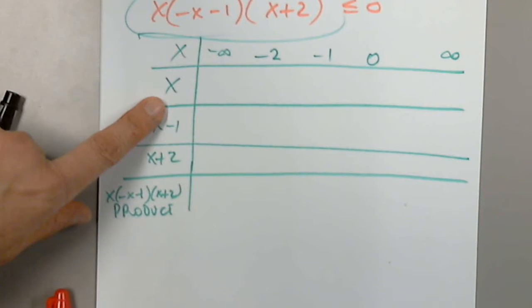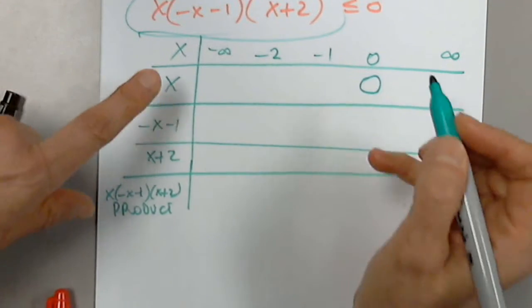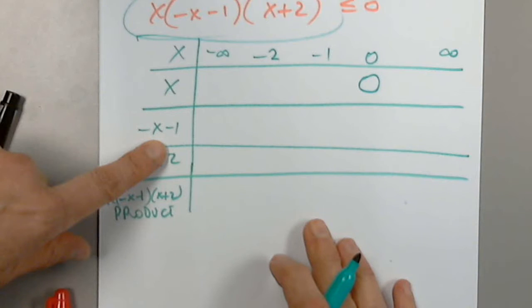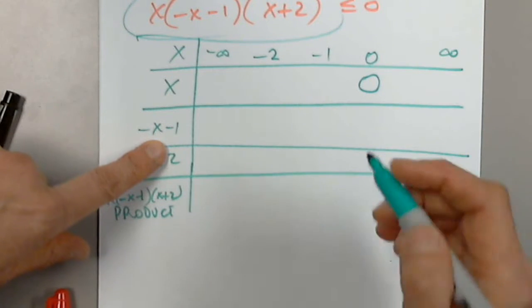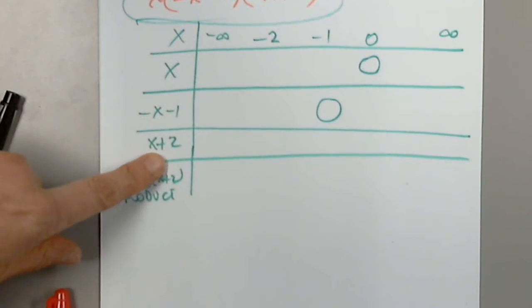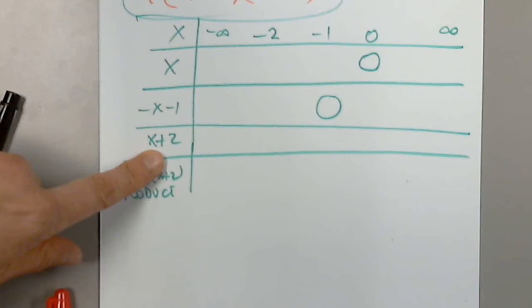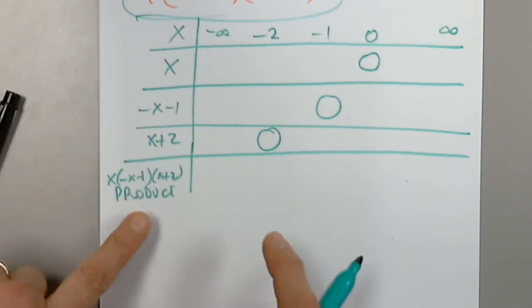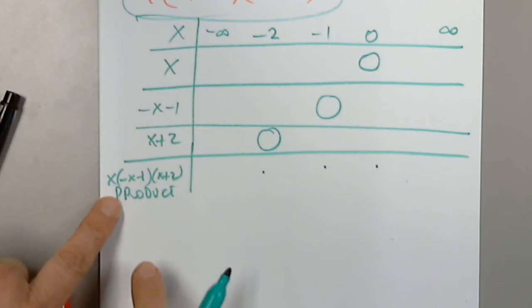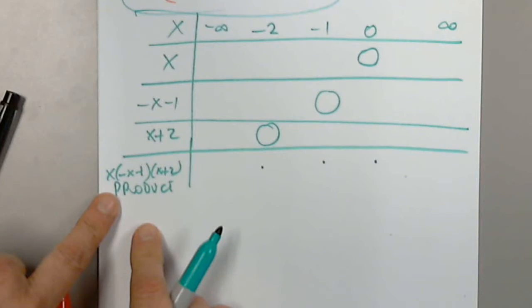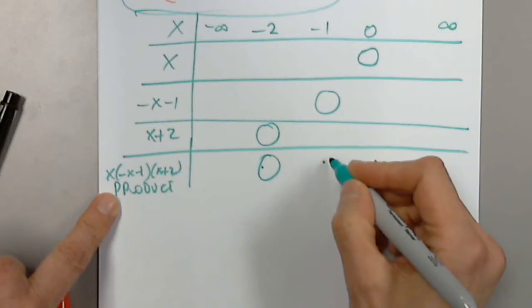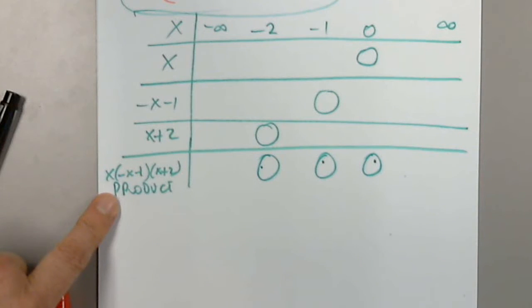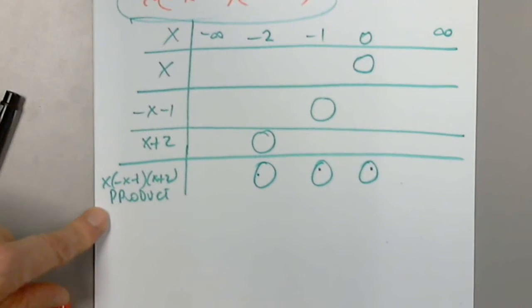Under which number? Give me a 0 for negative x minus 1. Awesome. Give me a 0 for x plus 2. Tell me what happens in these three situations with the product. Indeed, because this is not a rational inequality, but a polynomial inequality.